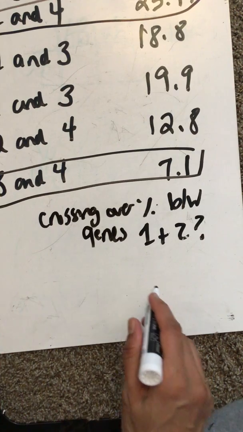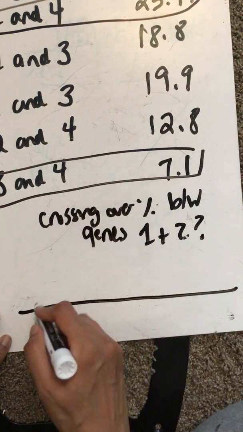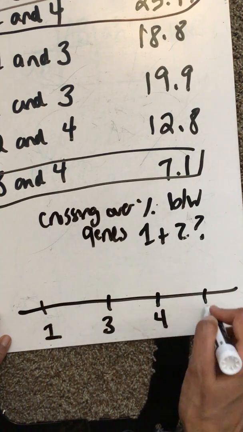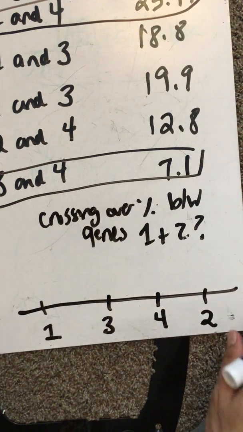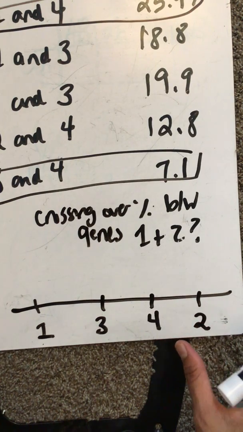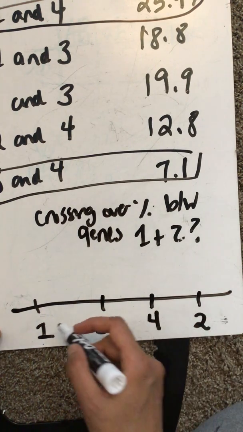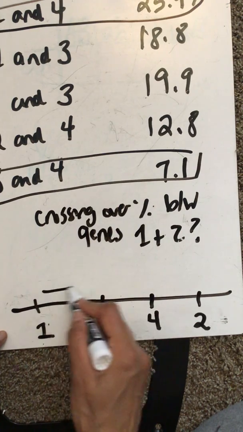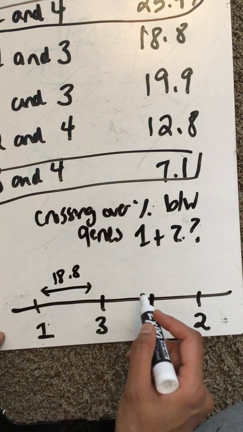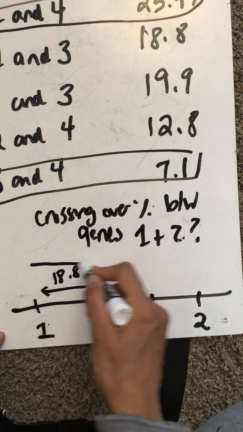So the answer is 1, 3, 4, 2. That's the order of the genes on the gene map. Why? Well, take a look. What's the distance between genes 1 and 3? They are 18.8. What's the distance between genes 1 and 4?